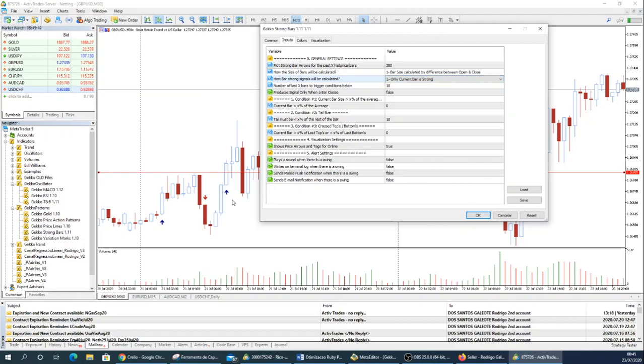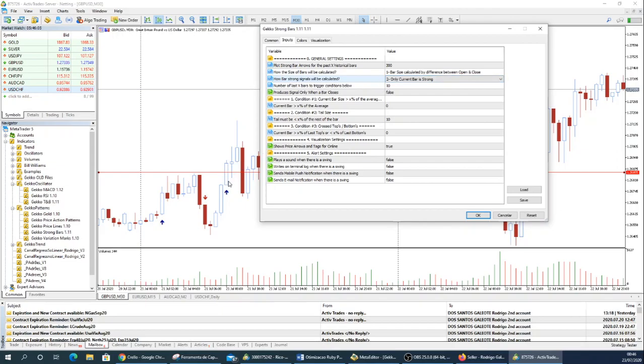So if I want the indicator to alert me when only the current bar, for example, this one here, is providing a signal, is a strong bar, I would choose 2, just the way it is right now.